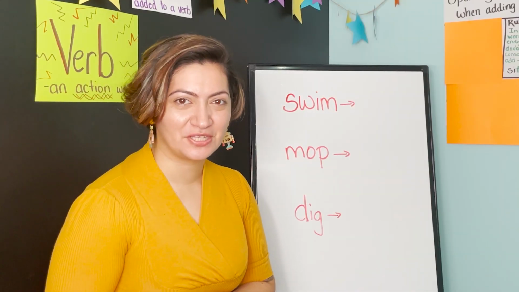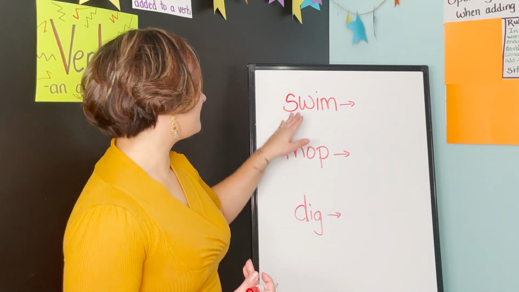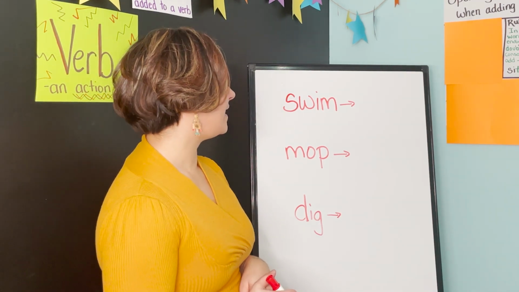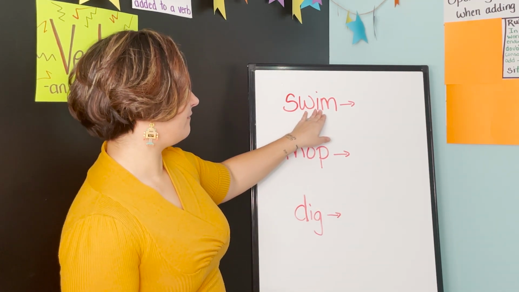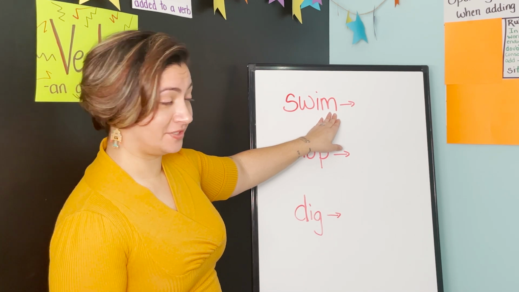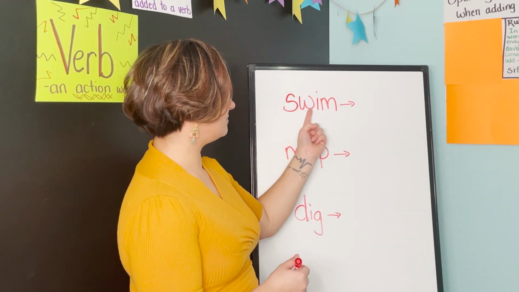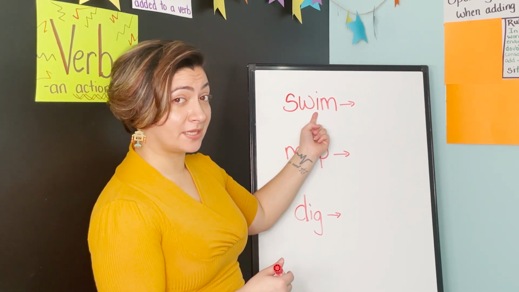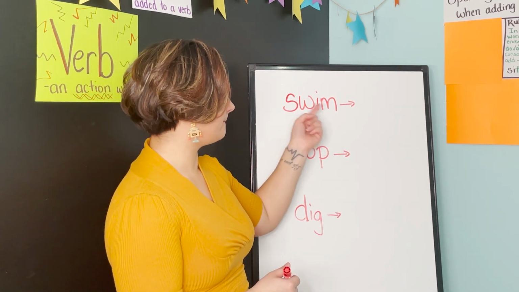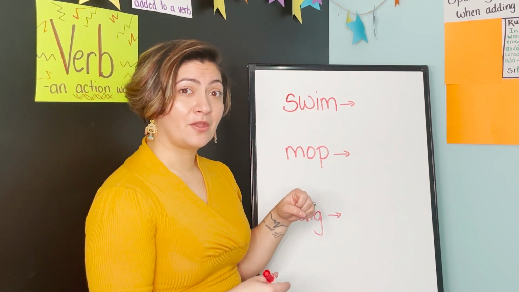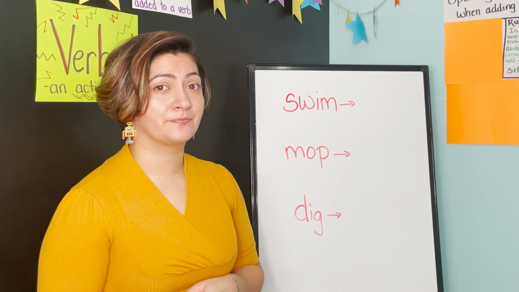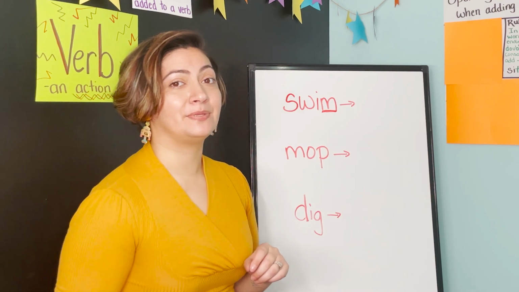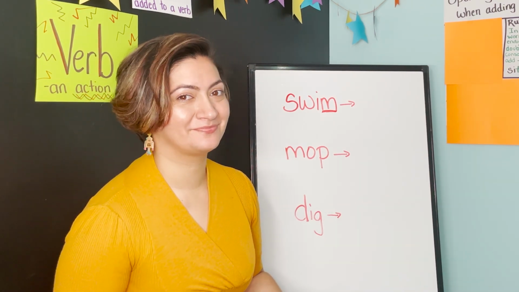Let's practice that rule a little bit more. All right, I have the word swim. I like to swim. Swim follows the pattern consonant, vowel, consonant. Do you see it? W is a consonant, I is a vowel, M is a consonant. So we have a short vowel sound here. Swim. We're going to add ing to this word, which means the last consonant will need to be doubled.